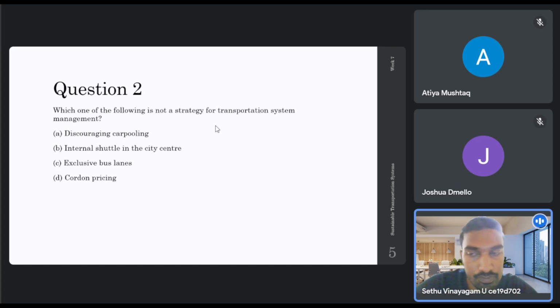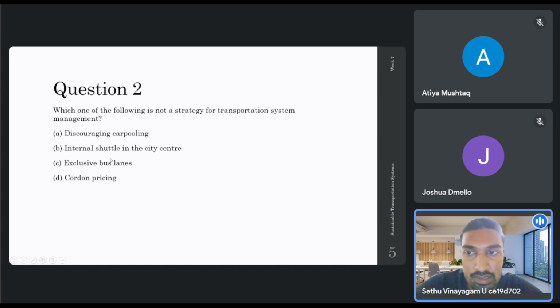It's not possible in all the cases, but when it is conducive to that, it can be encouraged, and therefore carpooling will help in improving the traffic congestion in the city. Therefore it should be encouraged, but option A says it should be discouraged. So this is not a correct strategy. Therefore that was the right option.